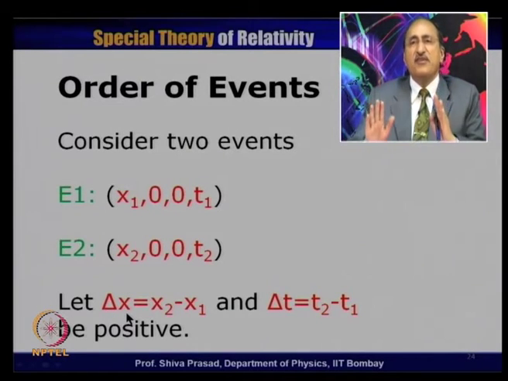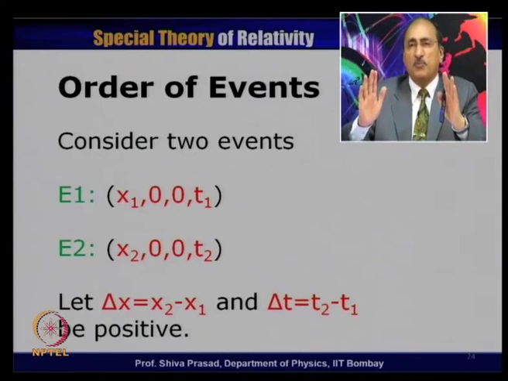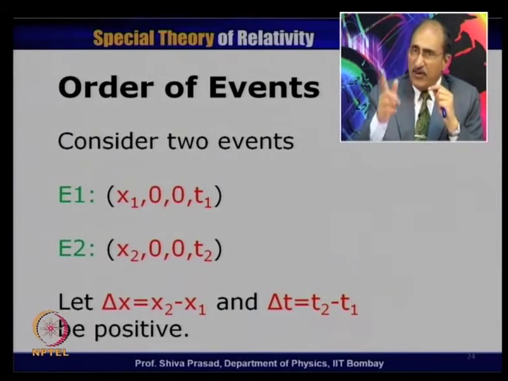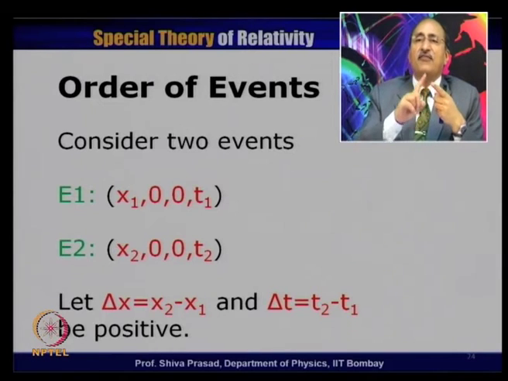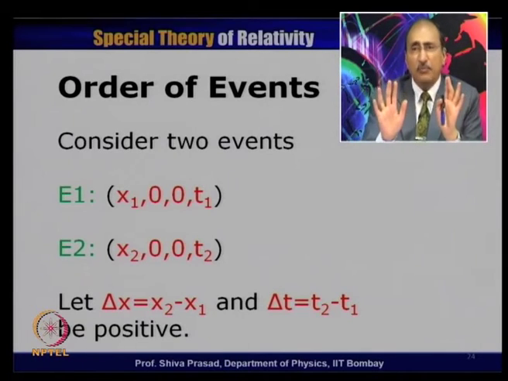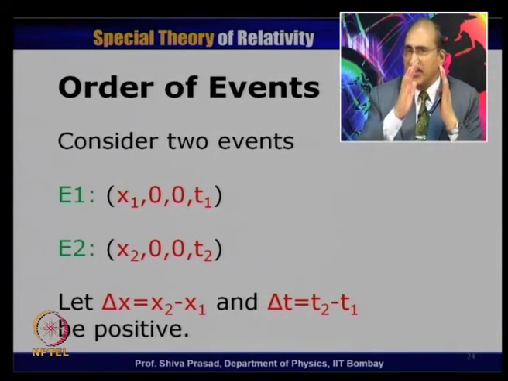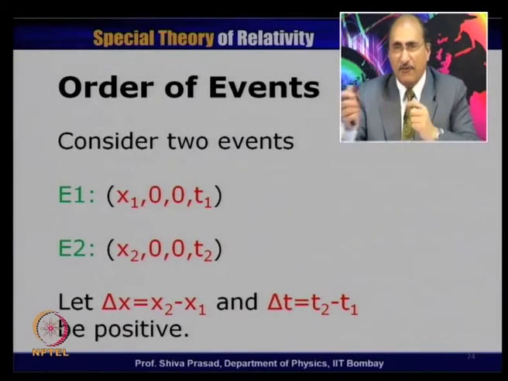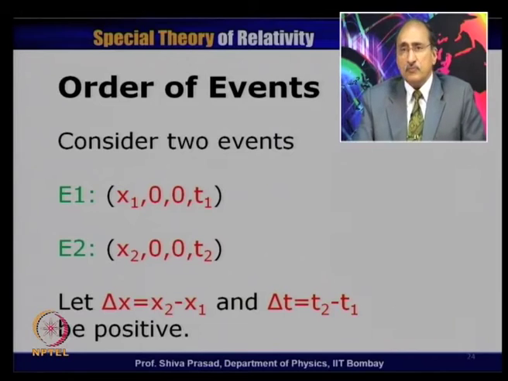Remember, both these events are being seen by a particular observer in a frame S. The two events have occurred in such a fashion that delta x is positive, delta t is positive, delta y and delta z are equal to 0. I do not bother about them because the y and z coordinates are assumed to be the same, or to be precise, I have written 0.